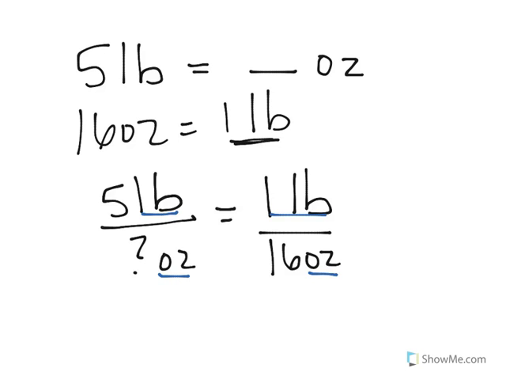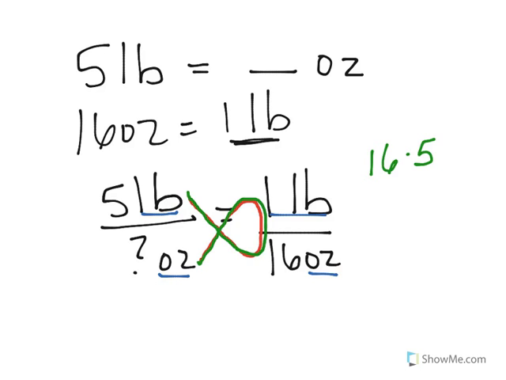From here, I'm going to do what I call the fish method. We're actually going to be making a fish here. I'm going to say 5 times 16, notice I'm going across, divided by 1 equals my unknown. Notice how I made a little fish.